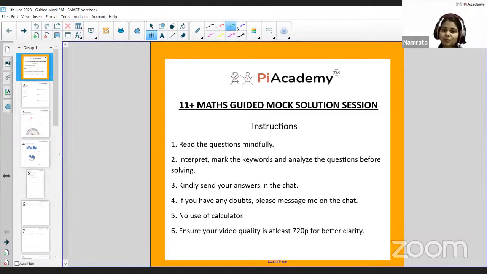We have this guided mock session wherein we need to read the questions really carefully. We'll mark down the key words and analyze the questions before solving them. For reading, I'll be helping you out. I'll be reading them aloud and marking the keywords too.